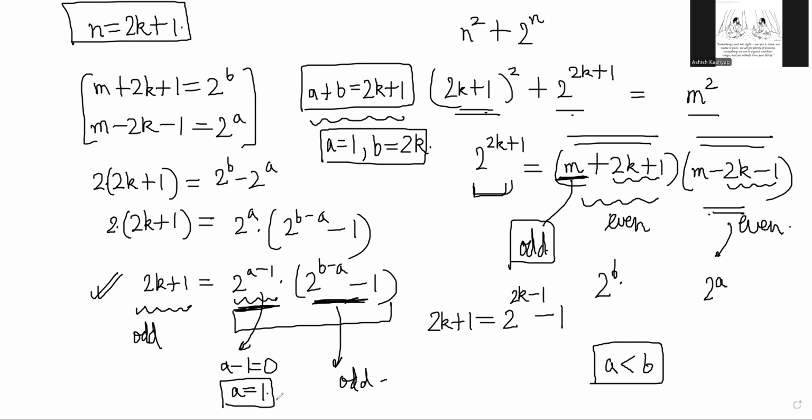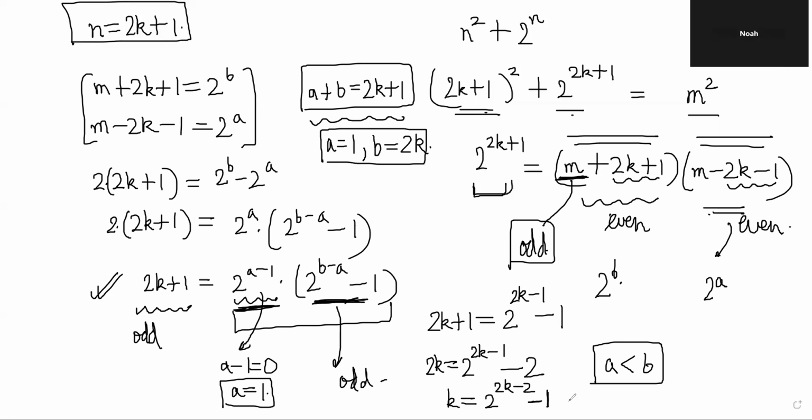So you're getting 2k is equal to 2 to the power 2k minus 1 minus 2. And 2 can get cancelled, and you're getting k is equal to 2 power 2k minus 2 minus 1, dividing by 2.